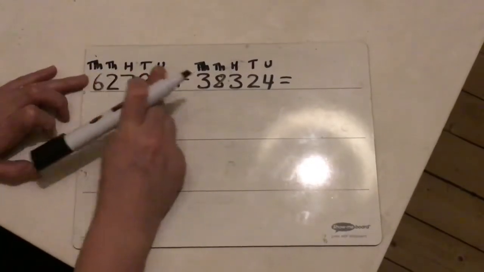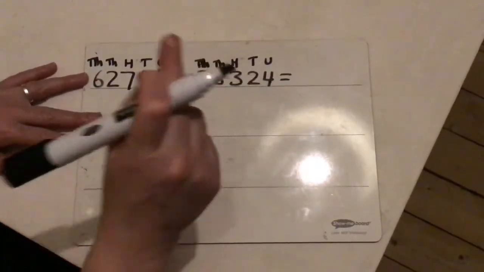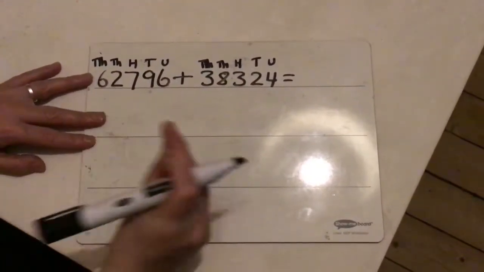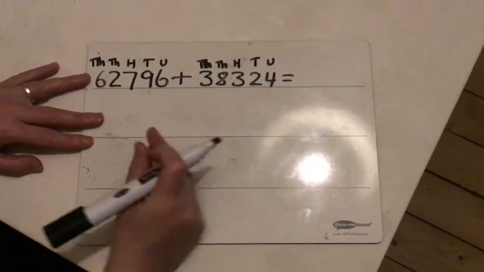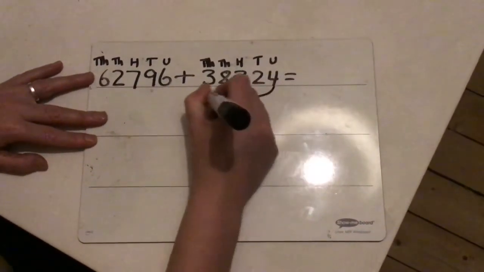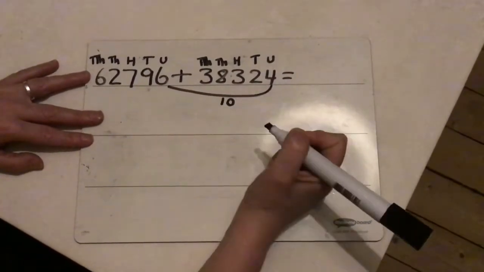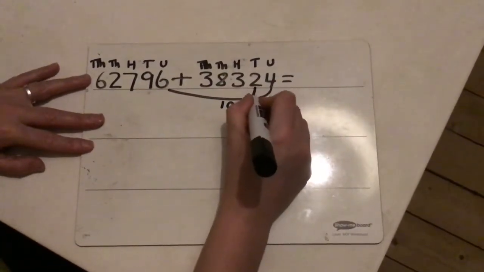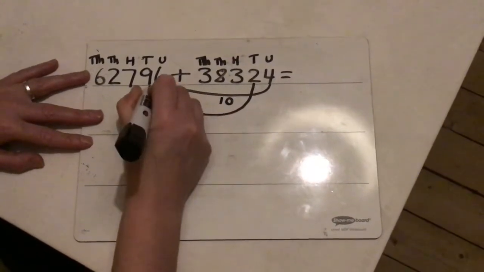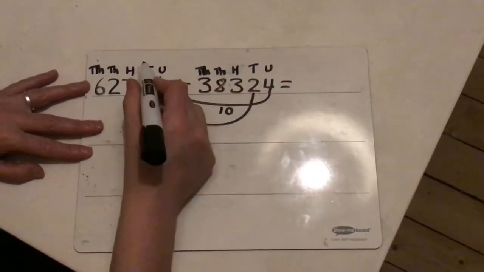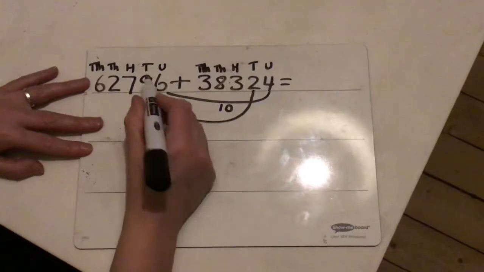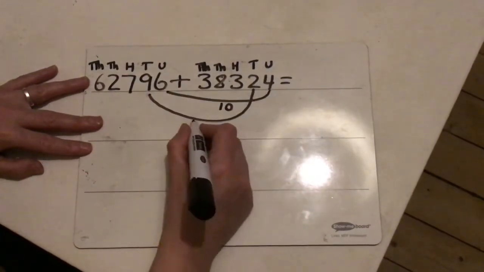And the reason I do this is that it makes it very clear to me which numbers I'm adding together while I'm doing my partitioning. So I'm going to start by adding the units. 6 and 4 makes 10. Okay, I'm going to come down below it so I don't get confused. Tens, 2 tens and 9 tens, so it's 90, 110.